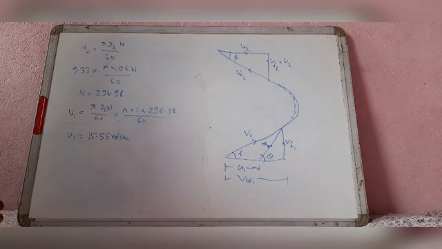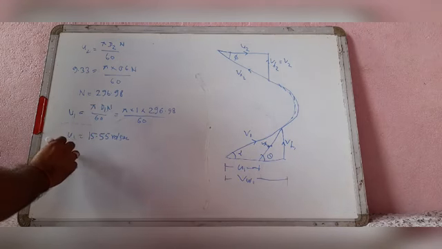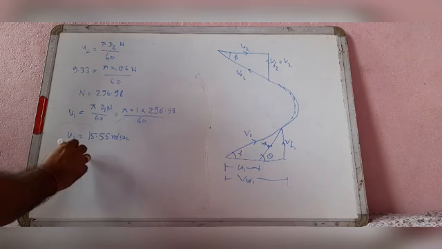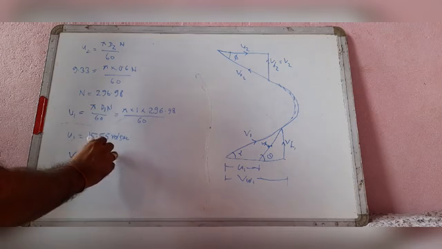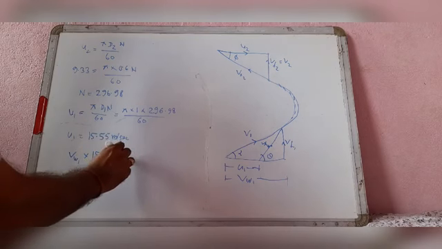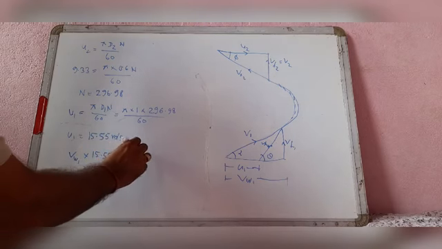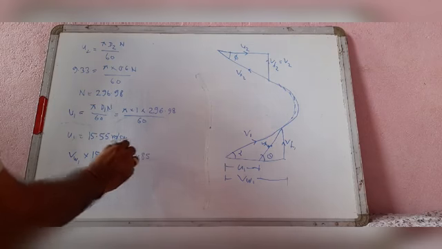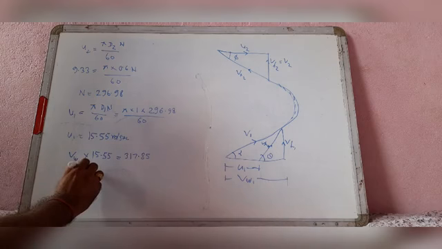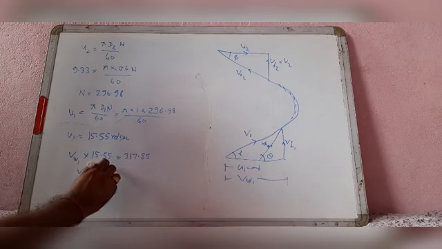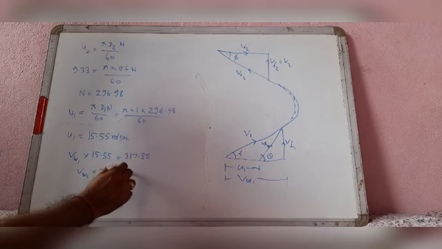Substituting this value of U1 in the equation Vw1 into U1 equal to 317.85, the value of Vw1 comes to 20.44 meter per second.